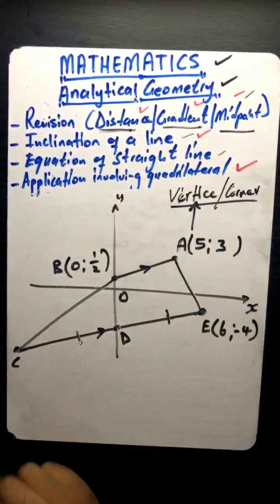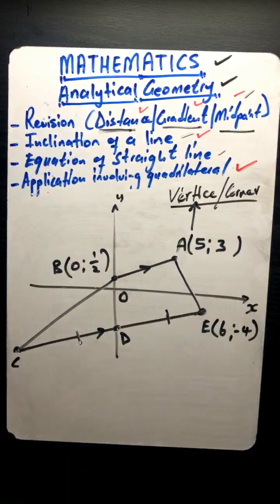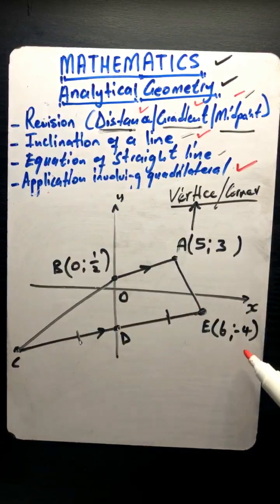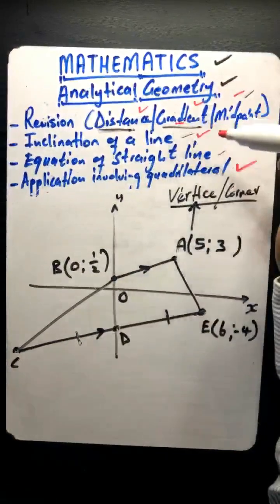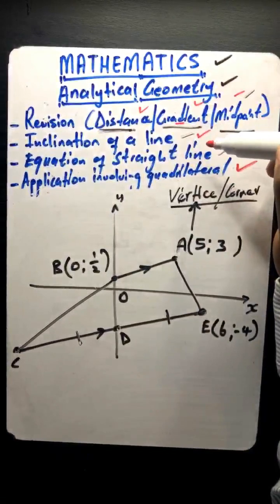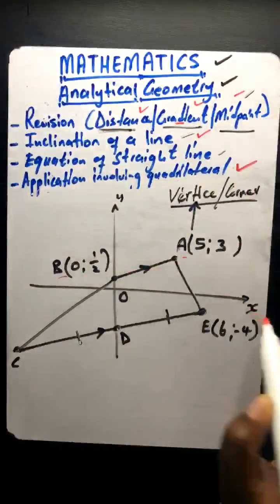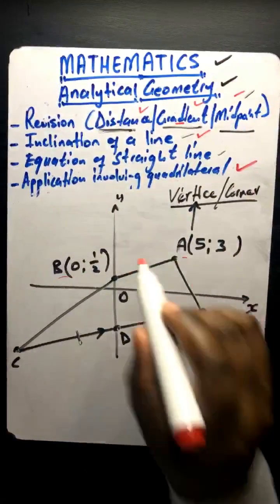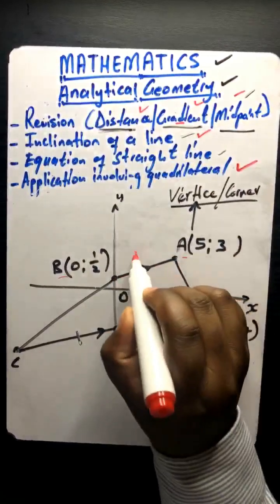Okay, so let's see. 3.1: calculate the gradient of AB, for 2 marks. Remember, I said analytical geometry is a game of 2 things: you either have 2 points, or you have a point and a gradient. In this case you are given 2 points, meaning you can easily calculate the gradient of that line. For you to know it is correct, it has to be a positive gradient.